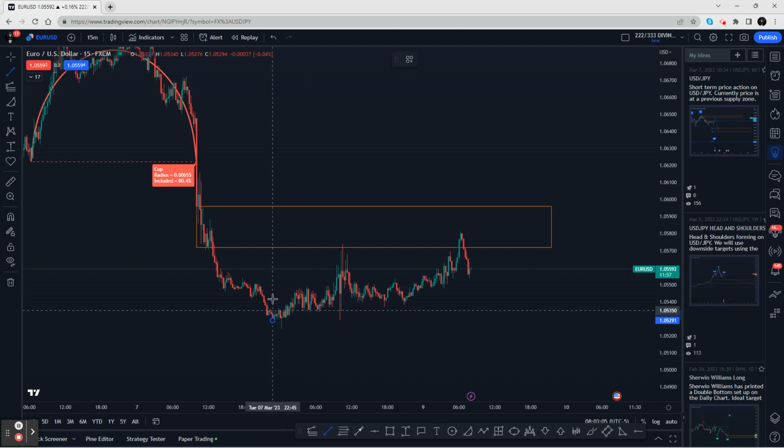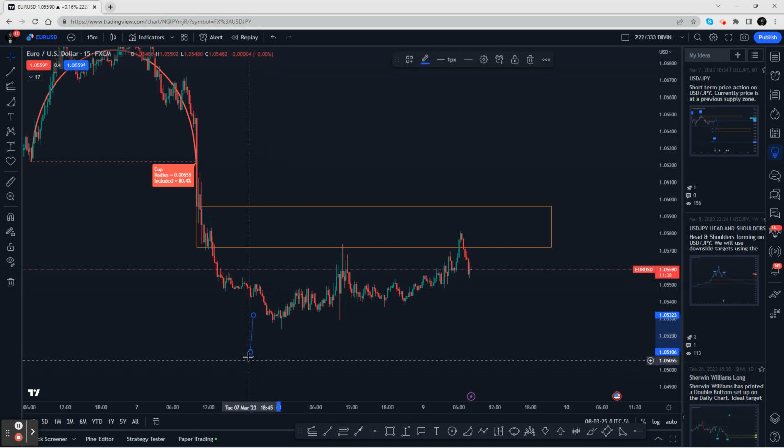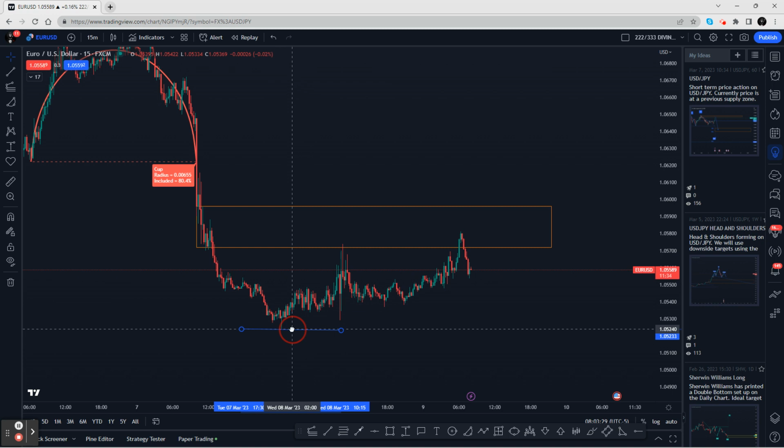All right, and then you just take your measurement and set it on top of the neckline, and here are the targets. So you see I came right to these targets as well. And your stop loss would just be below the cup. So this would be your stop loss down below here. So that's how I got these targets earlier.